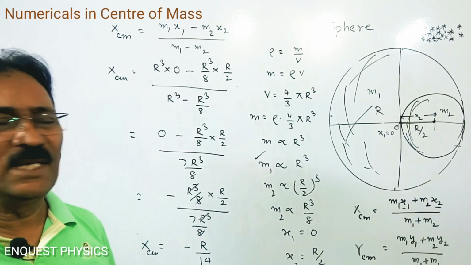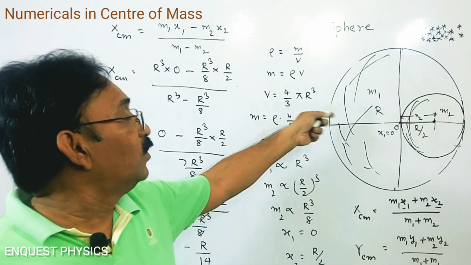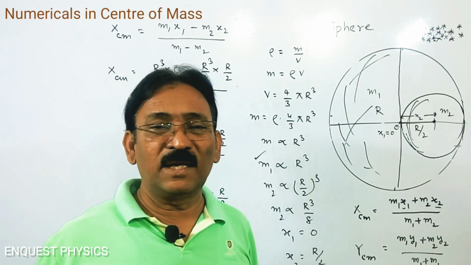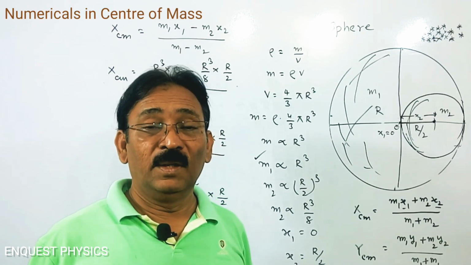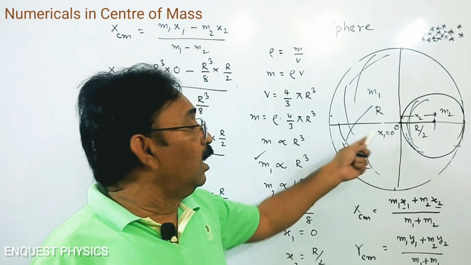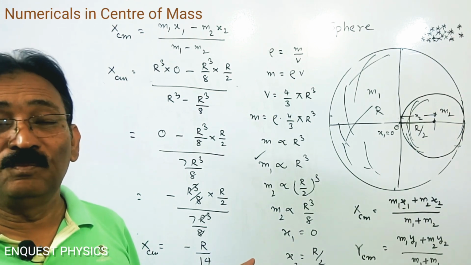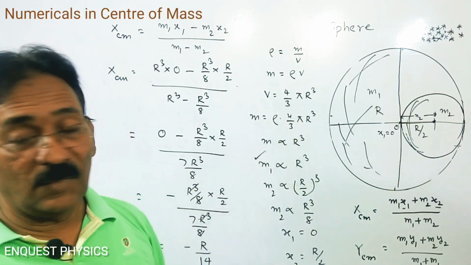My suggestion is, students, just remember mass is directly proportional to the radius raised to a power. If you take a circular plate, area is pi r squared, then m is proportional to r squared. For a sphere we take the volume, 4 by 3 pi r cube, that's why we took r cube.